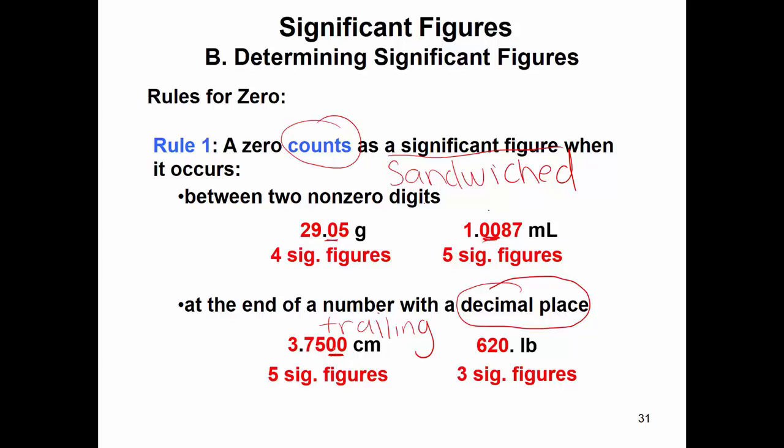So 1, 2, 3, 4, 5. We have 5 significant figures. Here, see how that decimal place was put there? You may not have seen that before or thought that it looks funny. Why would you do that? The reason is because that 0 is significant. Someone measured to that precise accuracy here, and it's 620. So that makes that 0 a significant digit. So we have 3 in the last one there.